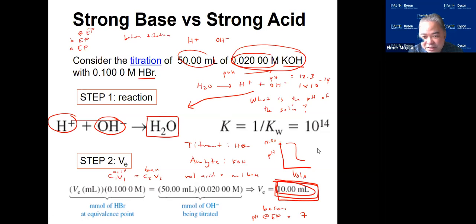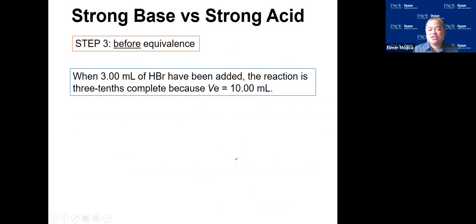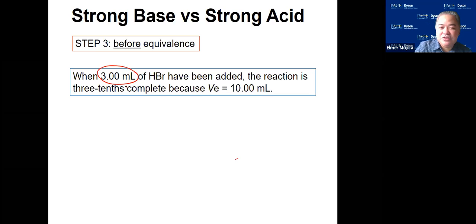Okay? So the first thing here is after we start adding the acid. So we look there at the region before equivalence. You are asked here: what will be the pH when 3 ml of HBr has been added? If you solve it using Gen Chem, all you need to do is determine the moles of the acid and the moles of the base, right?